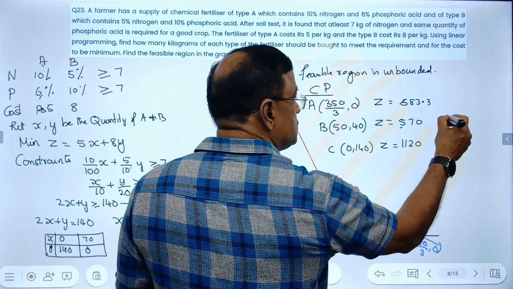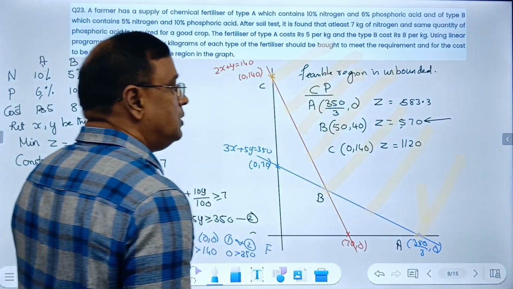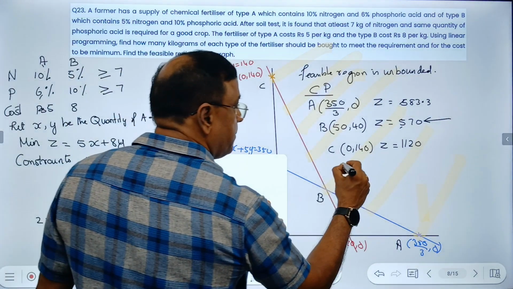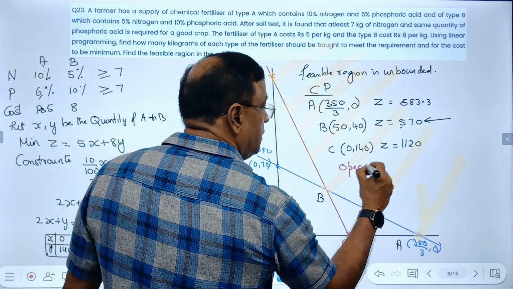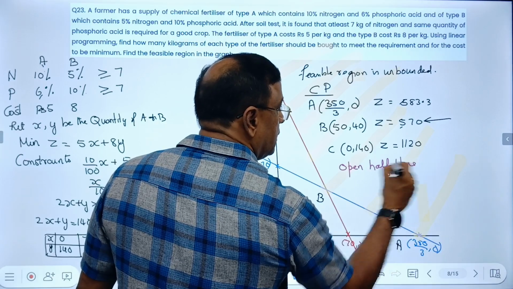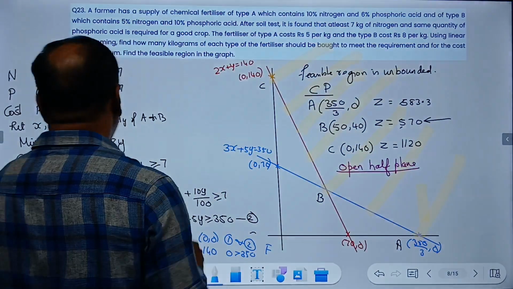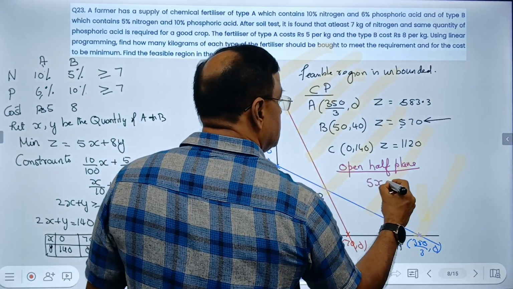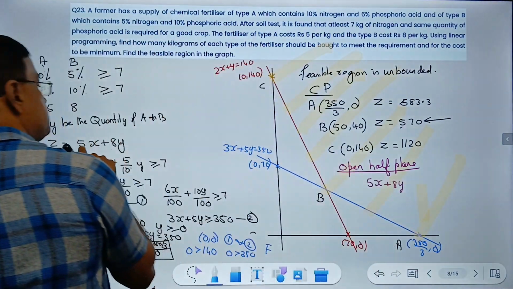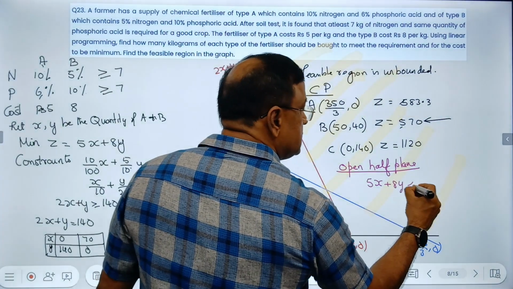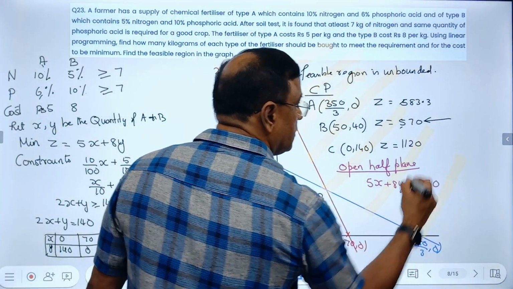You do the calculation, it's not difficult. So minimum is this. Since this is unbounded, what you're supposed to do? Open half plane. In the open half plane, what is it here? It is actually 5x plus 8y, that is your z, strictly less than 570.